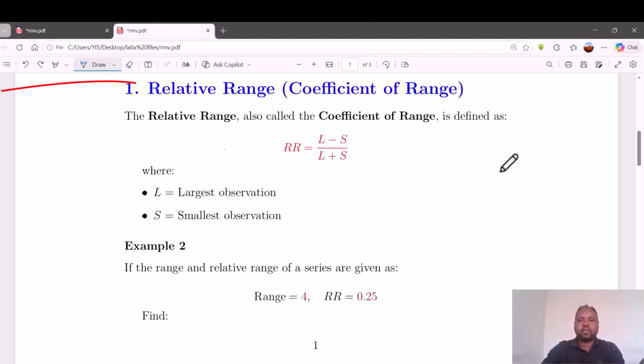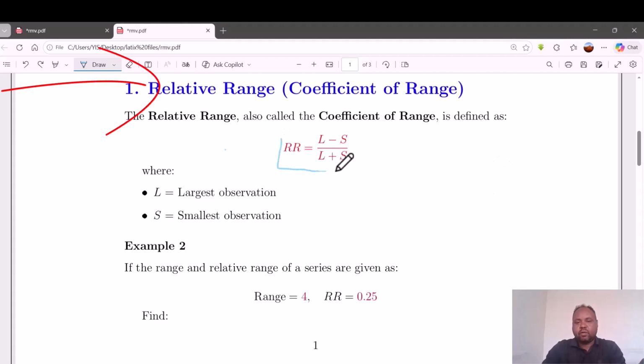Relative range is computed by this formula, where the numerator is the range, and the denominator is the sum of the two extreme values in our data set, where L is the largest and S is the smallest observation.